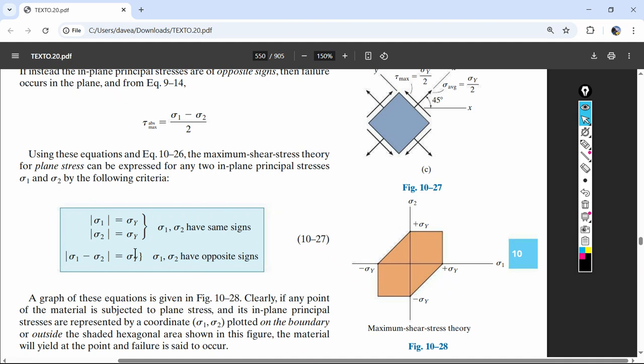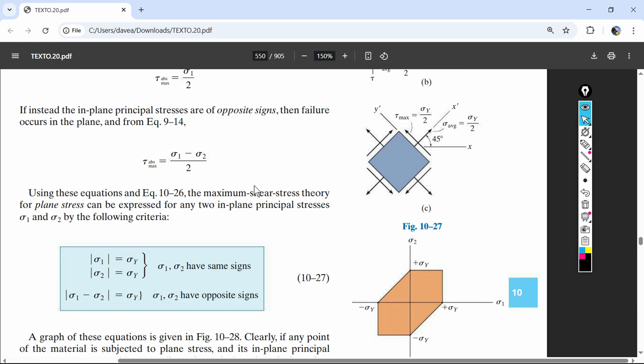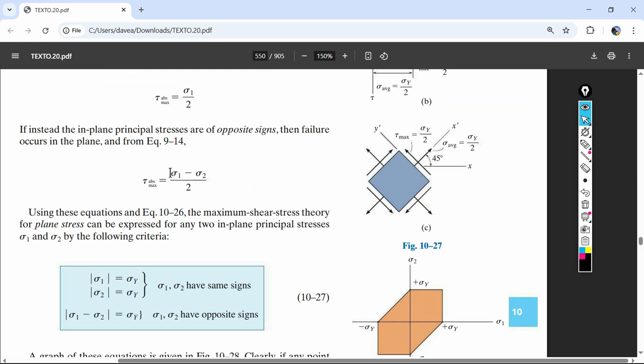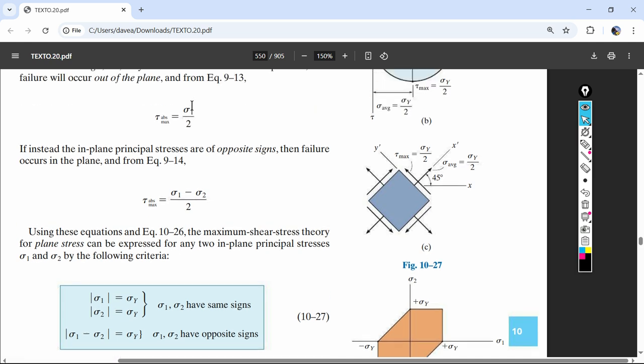If they have opposite signs, then the difference between the two principal stresses is going to be equal to the yield. And so here are your two equations. I guess this only shows the top part of this equation and the top part of this equation, because the shear is still the yield normal stress divided by 2 to get that max shear.